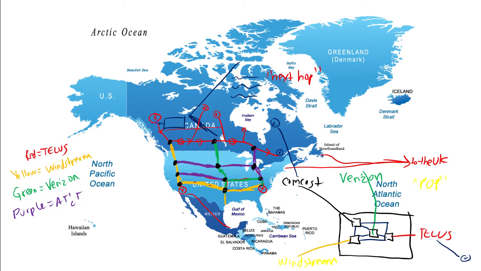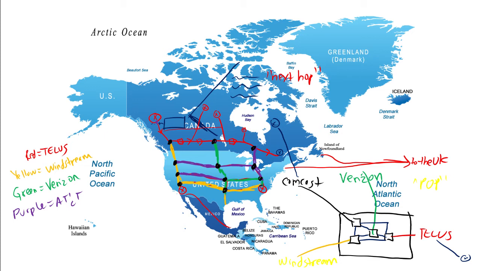So going back to my example, if I'm in Vancouver and I'm sending traffic to California, the Thales router says, oh, he's going to California. Well, what's the best route? I better give it to the Windstream network.